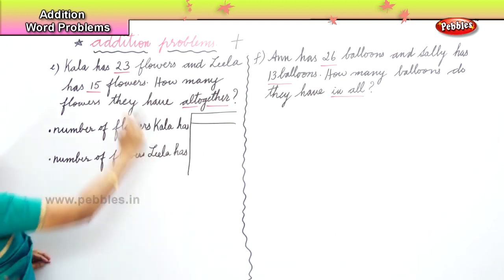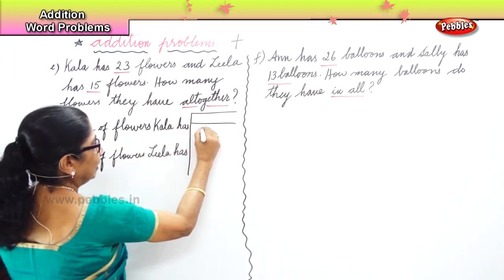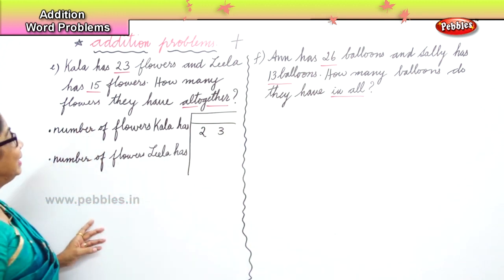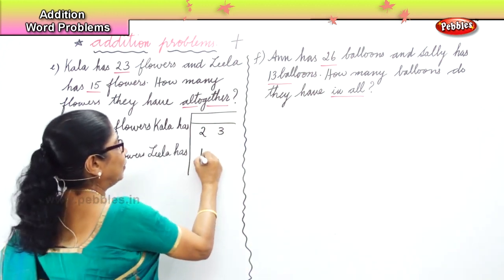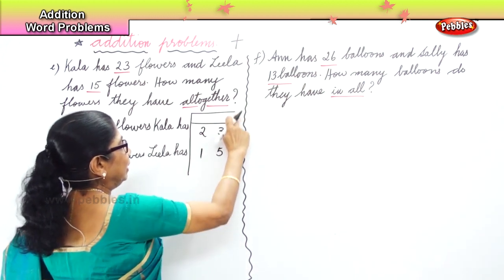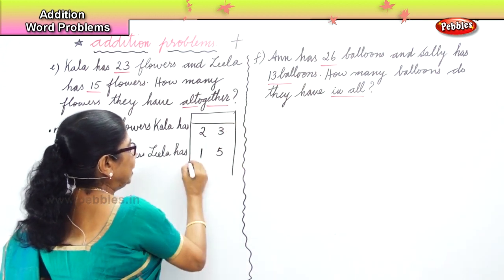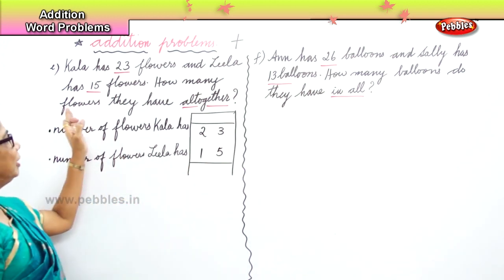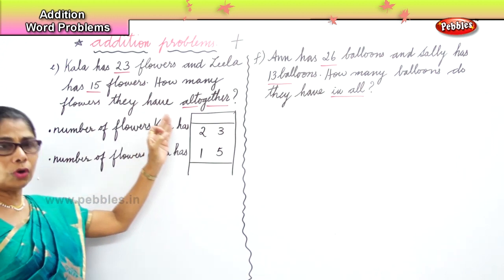We'll write down what they have. Number of flowers Kala has 23. And Leela 15. Alright. Now, what is the last statement? How many flowers do they have altogether?